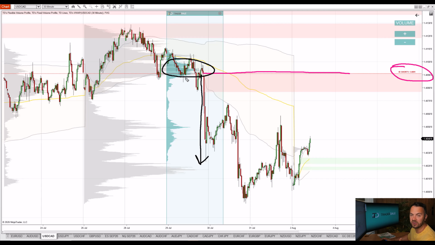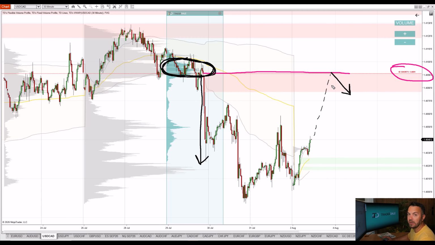That means sellers were accumulating their short positions and then they pushed the price downward. They manipulated the market. So we have this heavy volume zone where we know that sellers were active, and if the price makes a pullback to this level, I believe that those sellers will become active again and they'll want to push the price downwards.